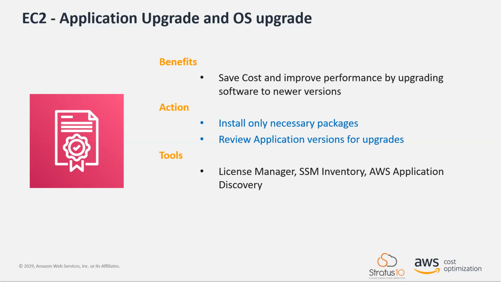So some application upgrades may actually reduce network throughput or CPU memory utilization, which can lead you to reducing your instance size. Okay, it's always important to continuously review your application versions for upgrades and make sure that any changes that the application does, you right size your servers appropriately.